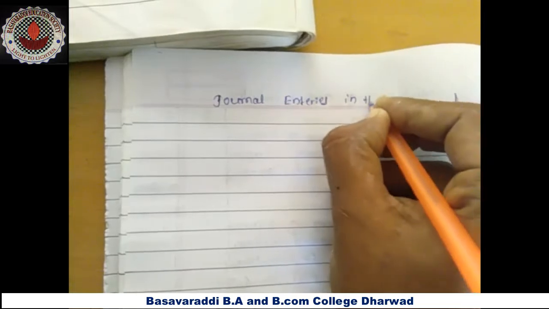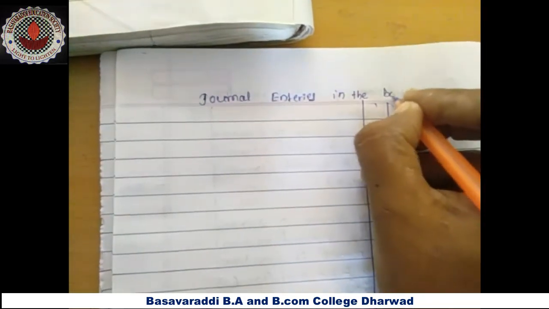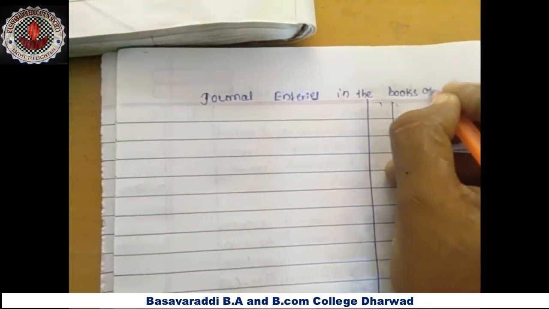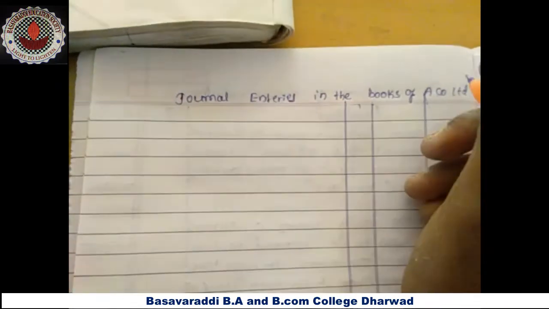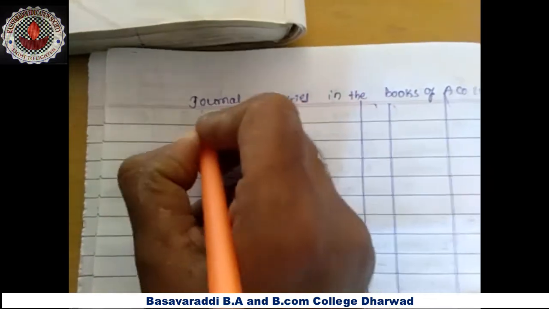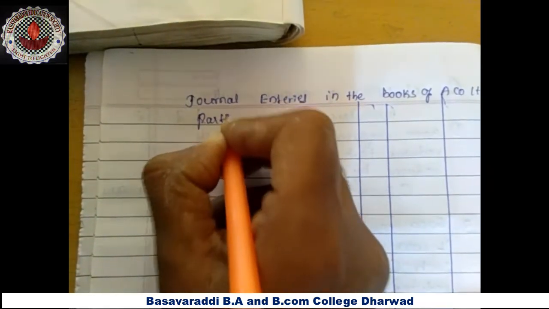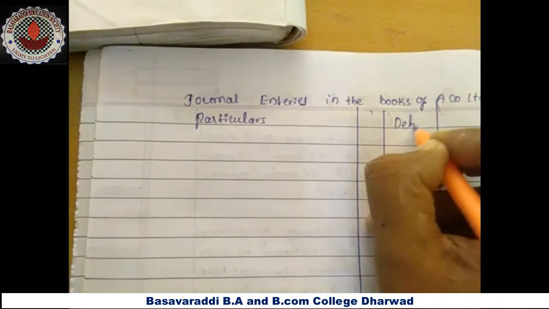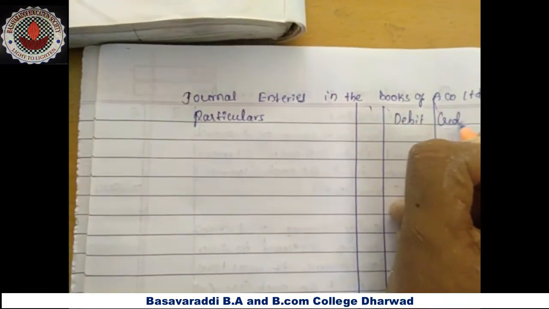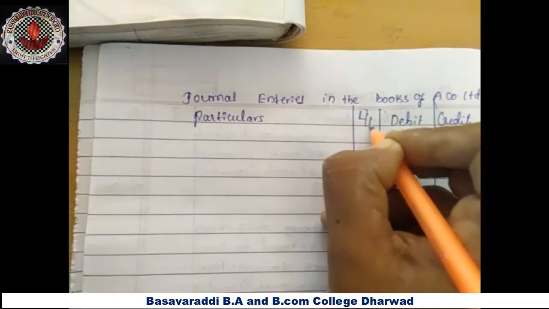In the books of A Company Limited. Now particulars: debit and then credit.